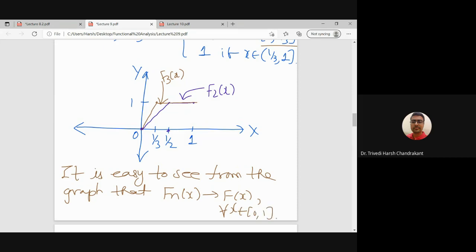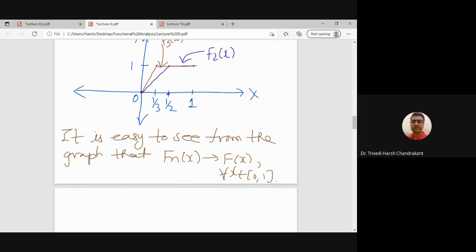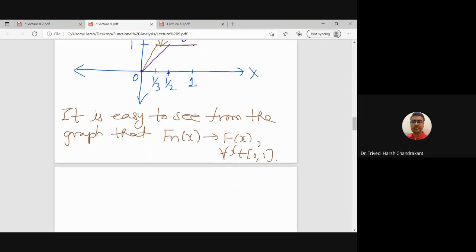So at each point it approaches f(x). So for example, x equals half, you can see the value of both functions is 1 for every n. For x equals 1 by 3, f3 onwards the value is 1. So this kind of convergence is known as pointwise convergence.